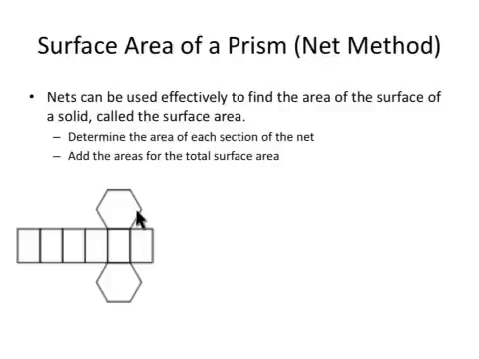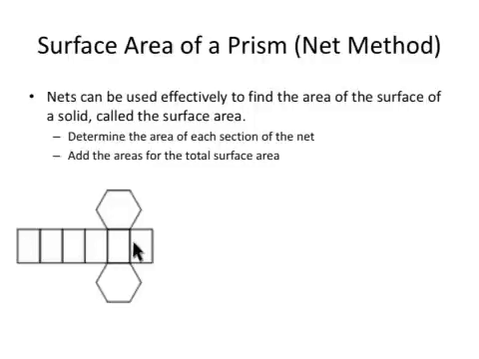So if we want to find the surface area of that solid, we can find the area of each of these little segments of that net, and then we can add them up. And we see that two of them are going to be the same, and then these six are also going to be the same.